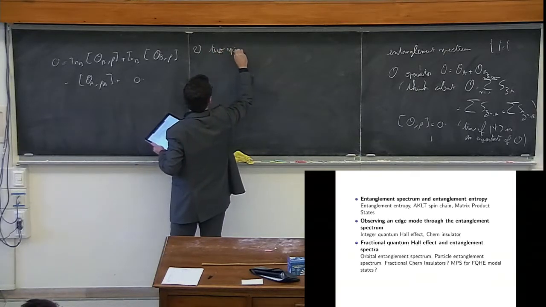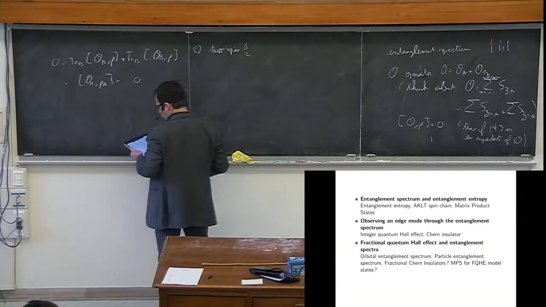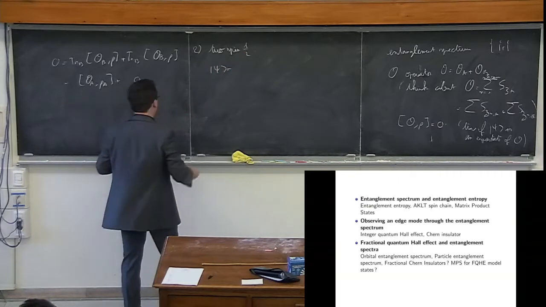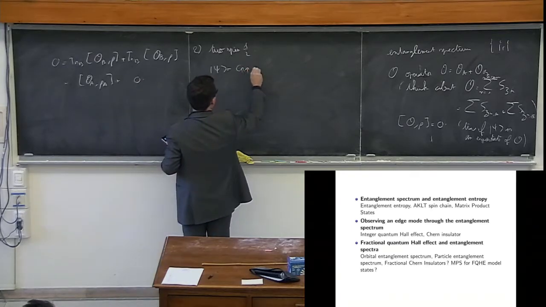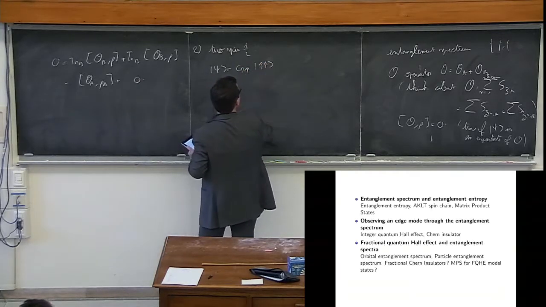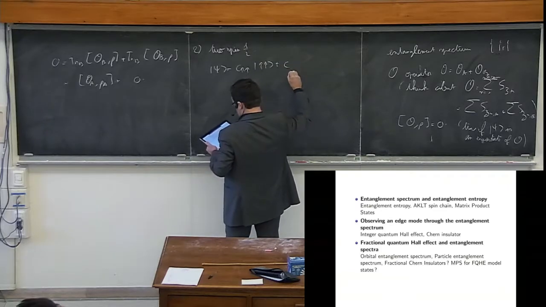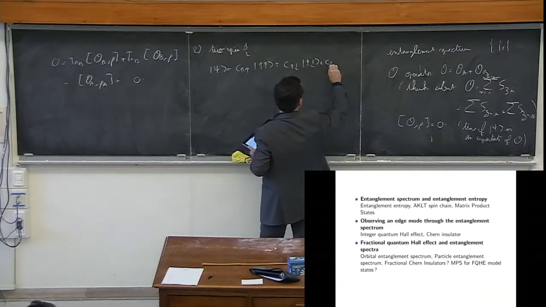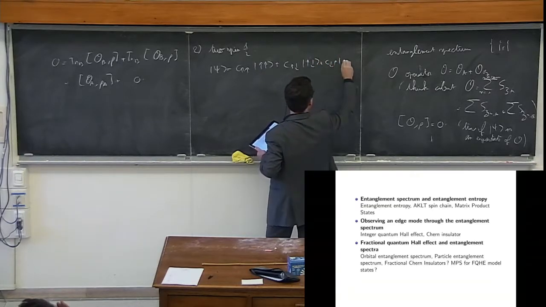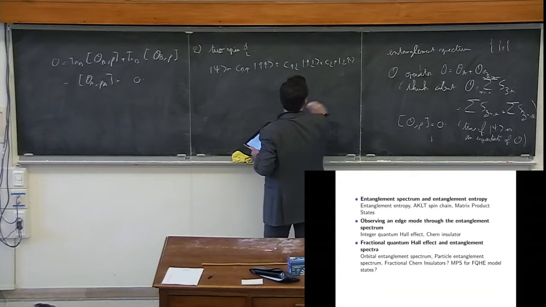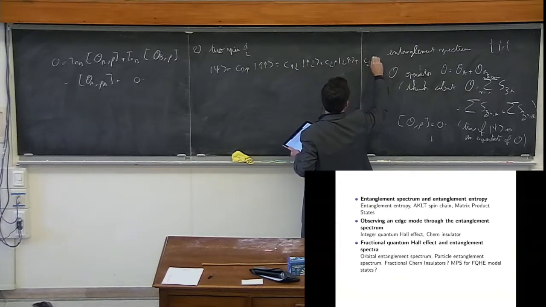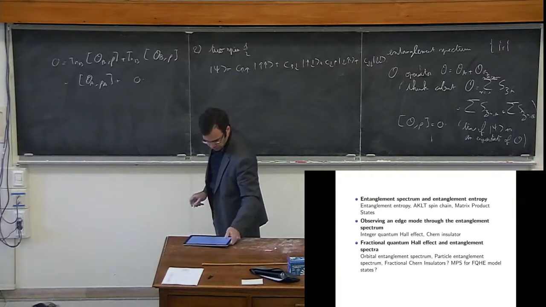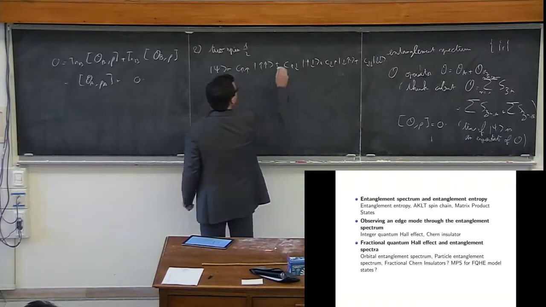So the most generic state I can write down will be just a linear combination of up-up, up-down, plus down-up, plus down-down.